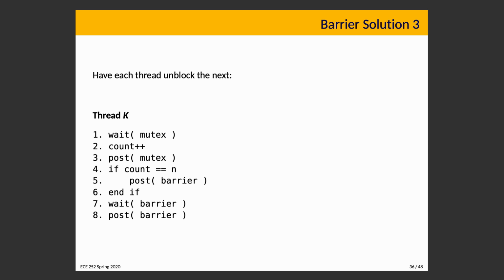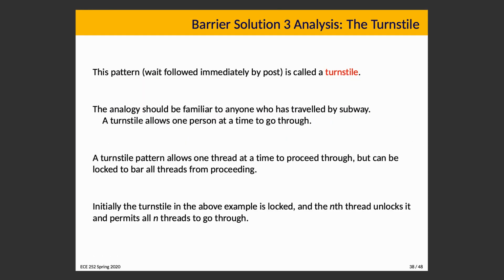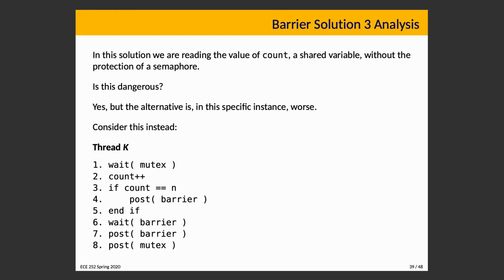Is this dangerous? Yes. However, there is an alternative that's worse. And I say in this specific instance worse because under normal circumstances we shouldn't have the read of the shared variable outside of a critical section. Otherwise we could read the wrong value.